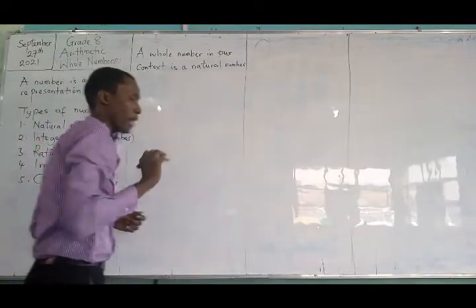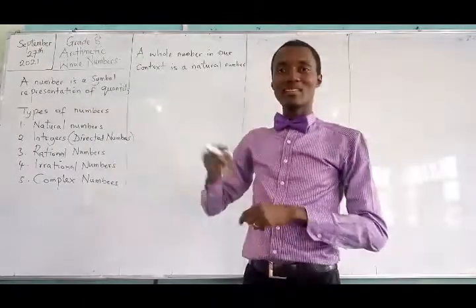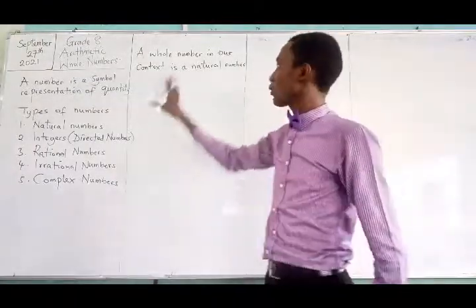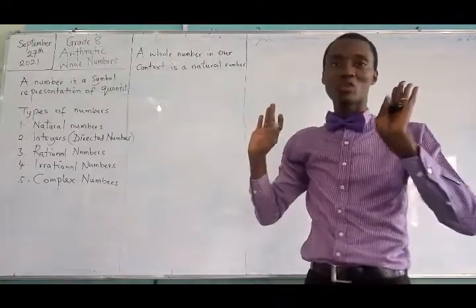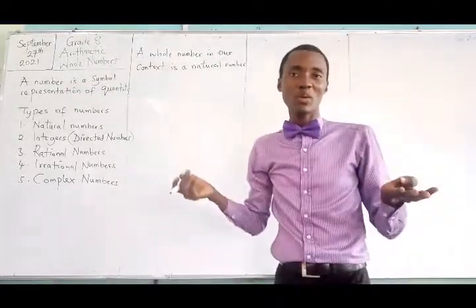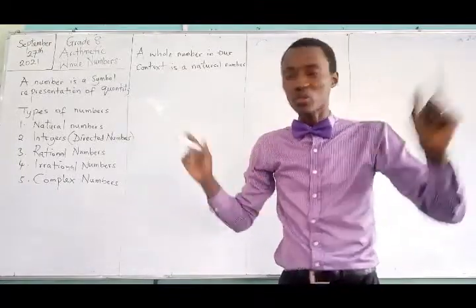I'm careful to use the words in our context because that's not a complete definition. But I will just keep it that at least a whole number in our context is a natural number. So what's a natural number? A natural number is any number that is whole and positive.